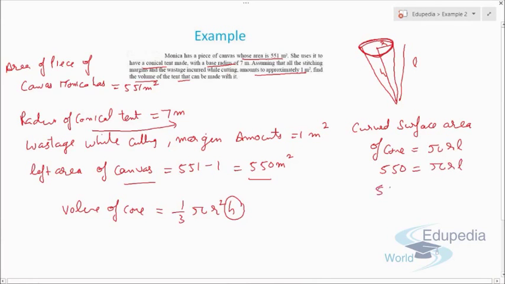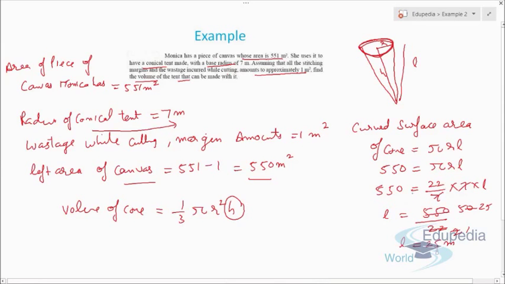So this will be 550 equals 22 by 7 into r is 7 into L, right? So this and this get cancelled. So L will come out to be 550 by 22. So 11 2s are 22, 2 1s are 2, 25. So we have L as 25 meters.